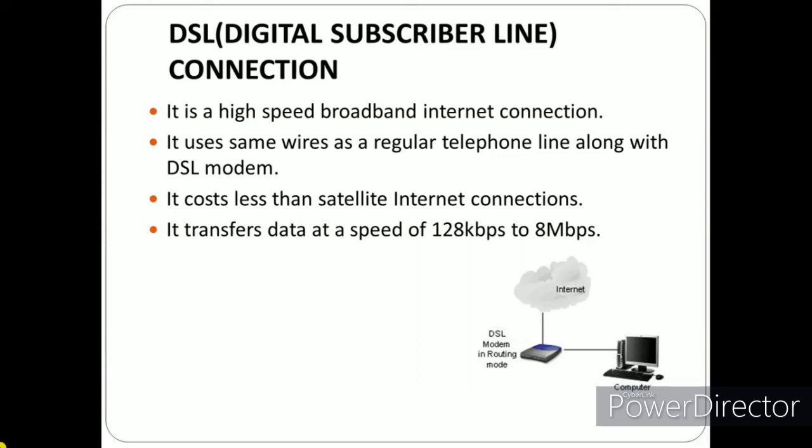You can see here, in this internet connection, we have a DSL modem attached to the device. It costs less than satellite internet. It means it is cheaper compared to the others. And the data transfer speed is 128 kbps to 8 Mbps.